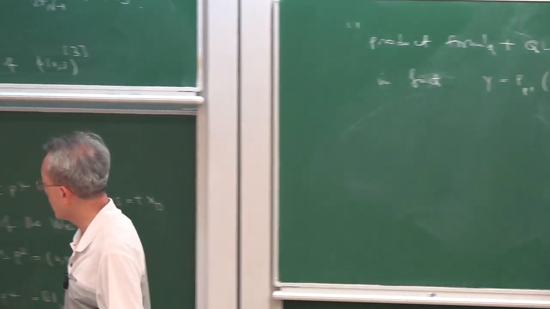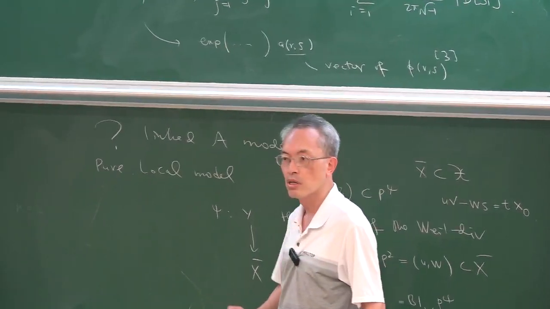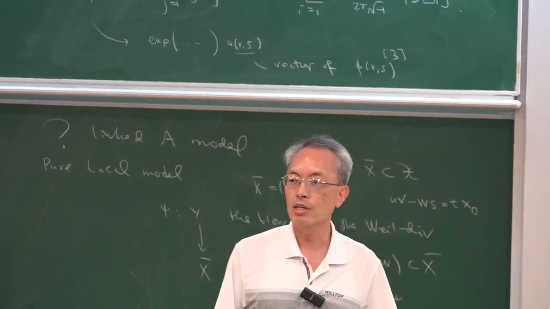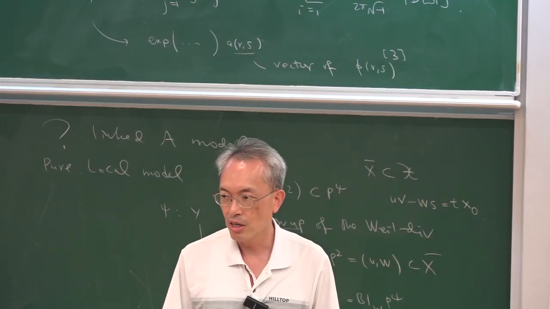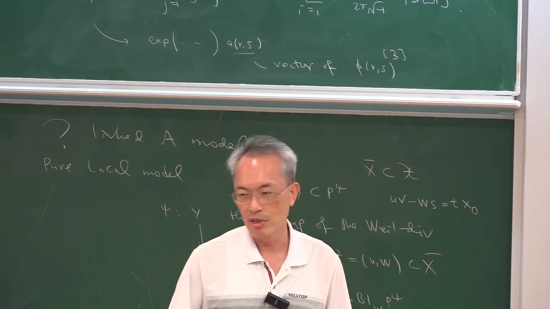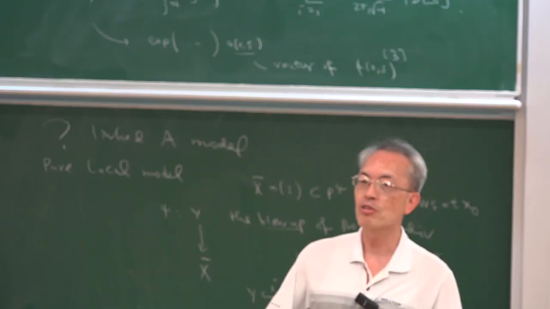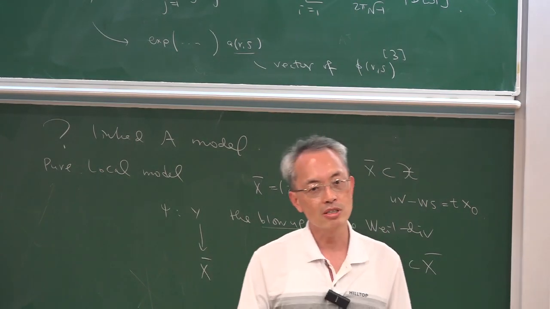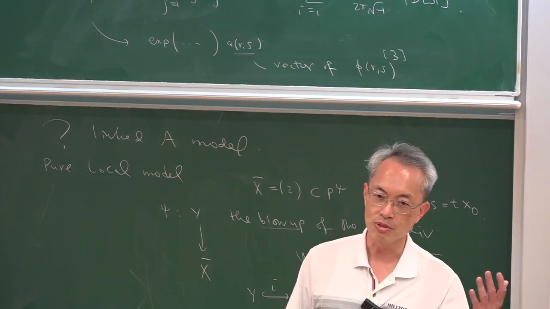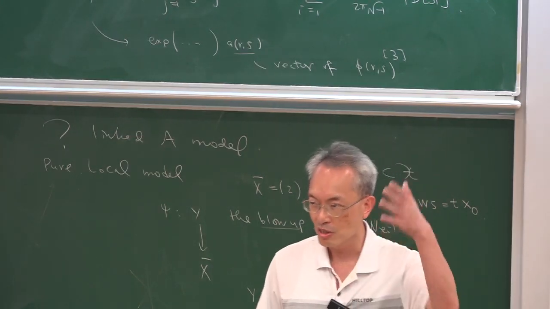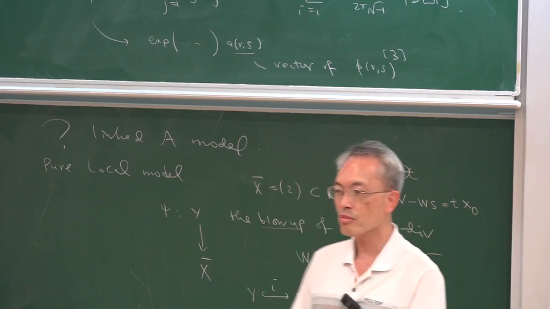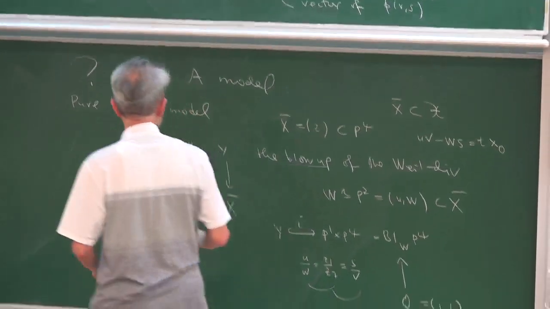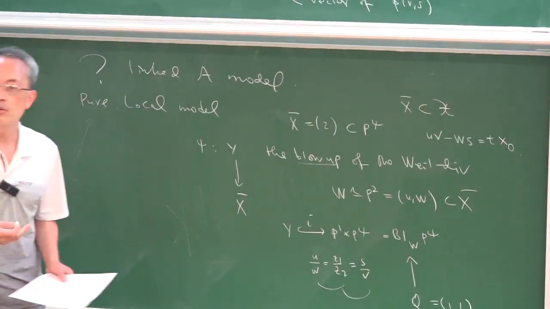When you have a threefold with ordinary double points, the only way we can get a small resolution is exactly to blow up the Weil divisors passing through those points. Because it's a Weil divisor, after we take a resolution, you will not get any divisor, just get a small resolution. But where are those Weil divisors coming from?